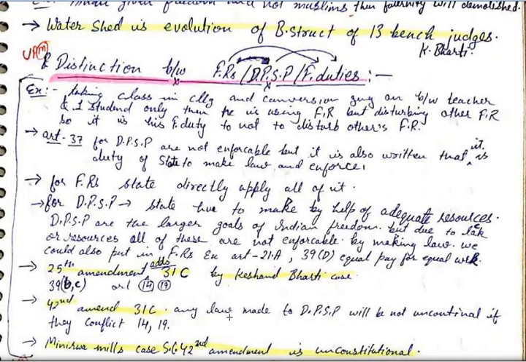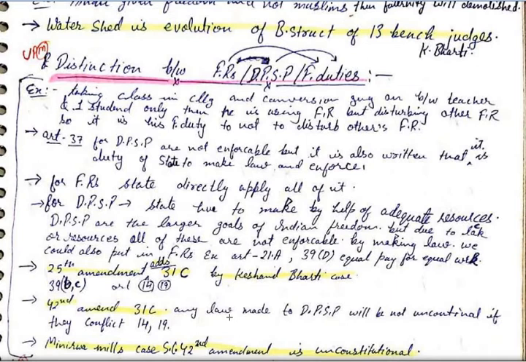Constitution stipulates an encroachment in certain cases, and that can be harmonized by giving an overriding position to one over the other as and when the circumstances require. लेकिन अगर आप सभी DPSP को फंडामेंटल राइट के ऊपर ओवरराइडिंग पोजीशन देते हो, then that is unconstitutional. That is what constitutional thinking is.